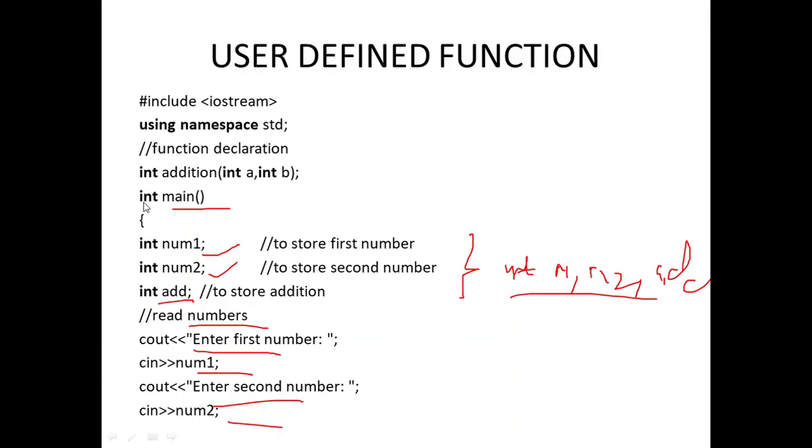But instead of this, here we are declaring a function, that is addition. int addition(int a, int b), where int is the return type of the function, the return type of the output, addition is the function name, and this is a user-defined function. These are the parameters. These are declared in the first step before the main function, so that we can use this function. Like data types are declared, likewise we have to declare the functions also.